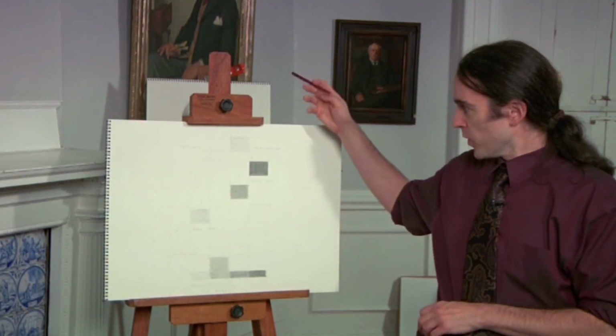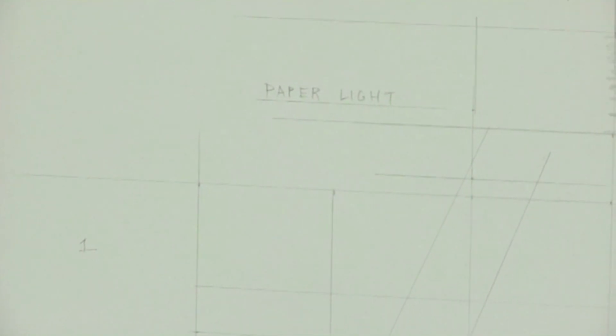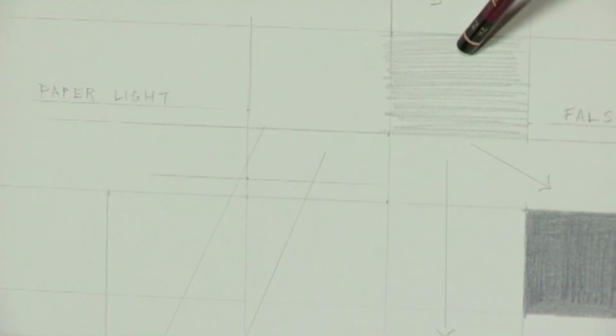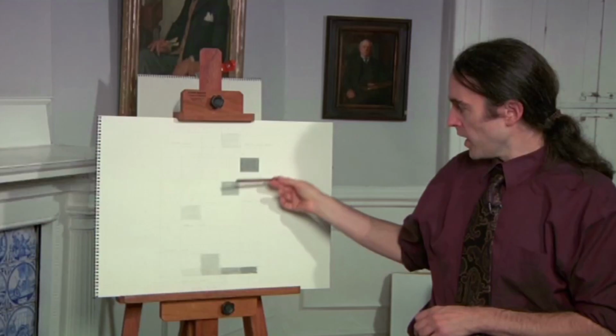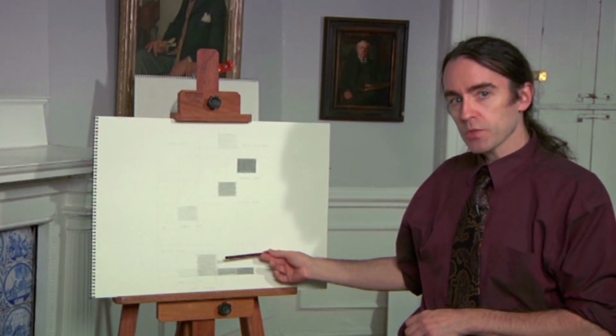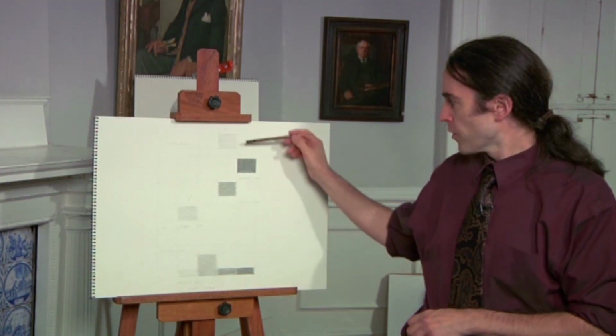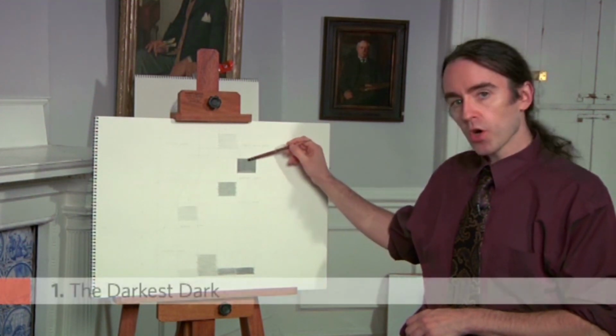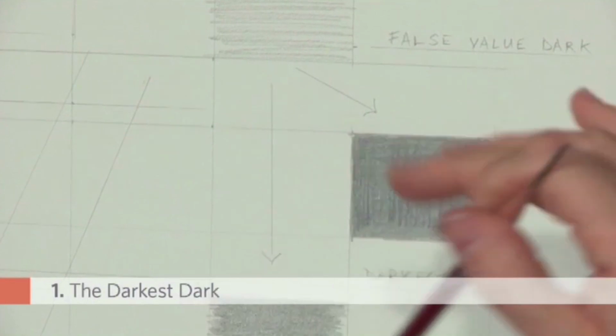So as I point to the very top of this, I've got the paper light in this square, and then I've got the false value dark in that square. And then as I go down this scale, let's allow this to stand for stages, for steps as I go. First thing I'm going to do is to articulate my darkest dark to give me range.